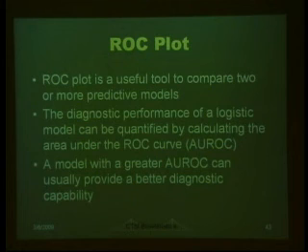Then you ask the question, should I put that in the model or not? Certainly, statistically there is some help you can get based on the p-values. But sometimes, clinically, you think it makes more sense to put the gender in, even though it may not be statistically significant. If that's the case, then you can evaluate the two different models using the ROC curve.